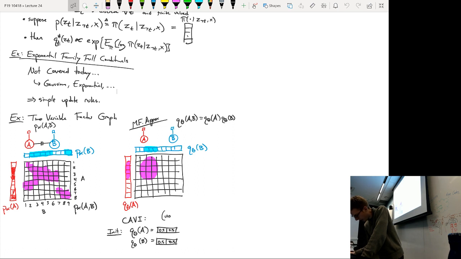So now assume that A is just in 1, 2, and B is also just from 1, 2. I've shrunk these grids, so our joint distribution now looks like this.